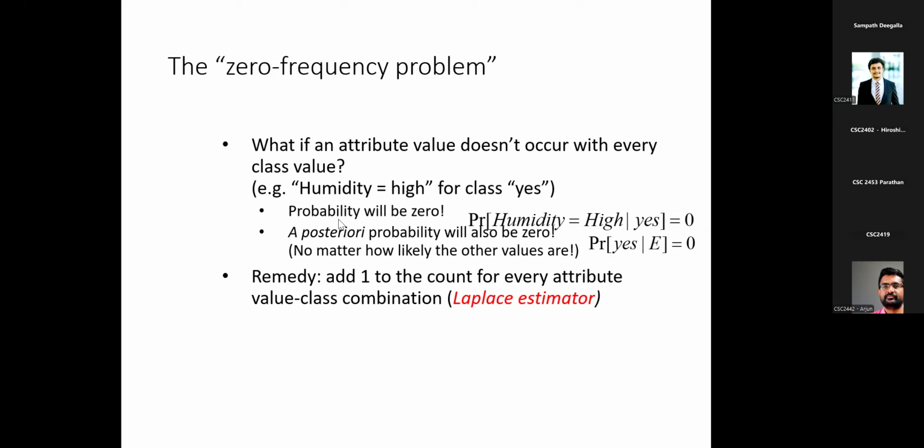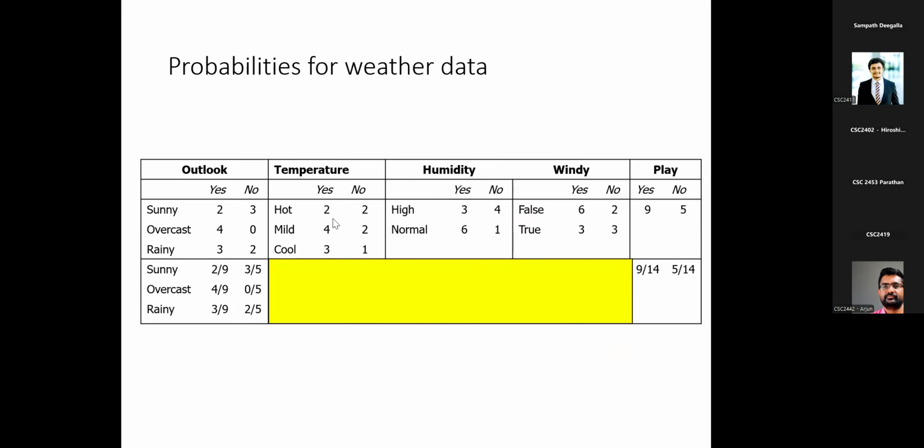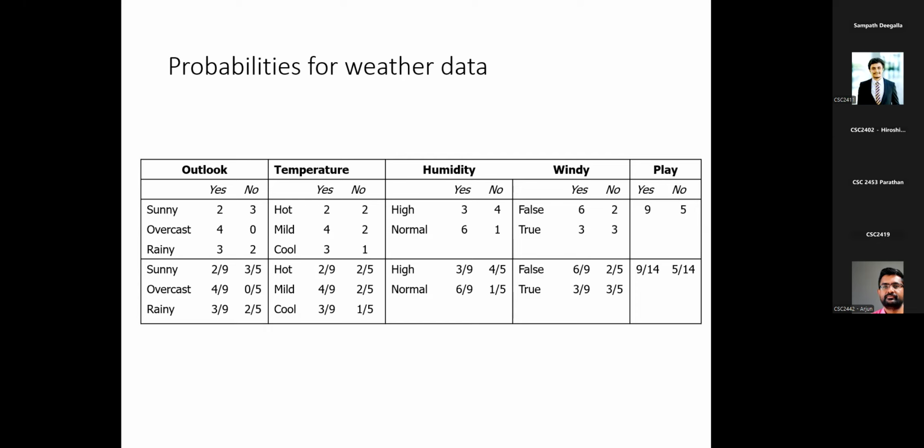So let's go back. How do you handle this? You add 1. What do we mean by add 1? On this side we have a bit of a problem. We have a 0 here. We will add 1 here, 1. This is also 1.